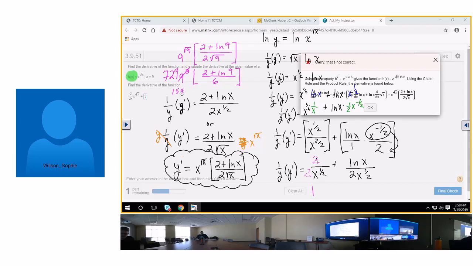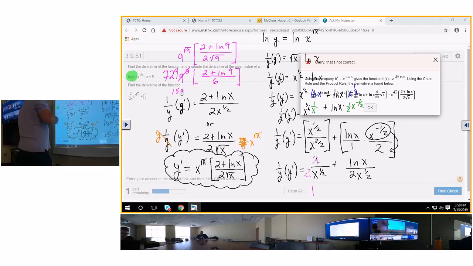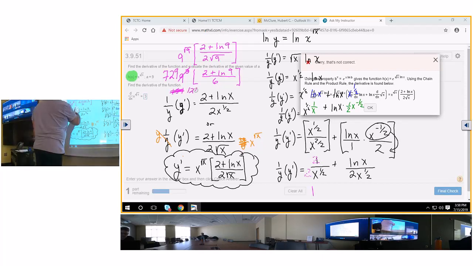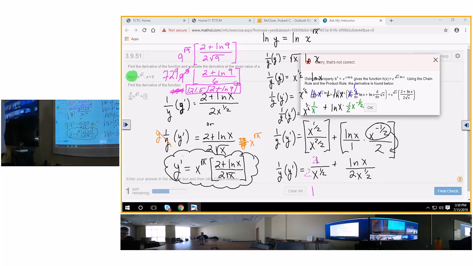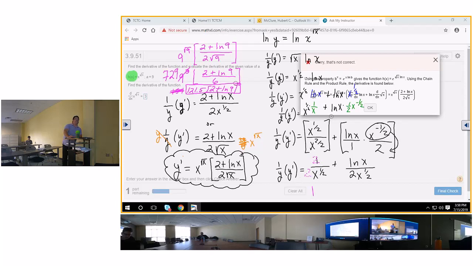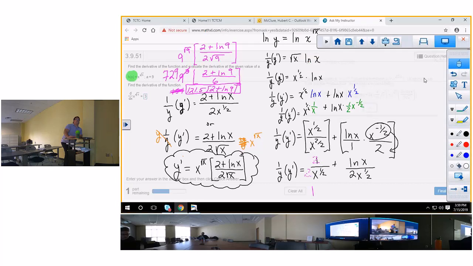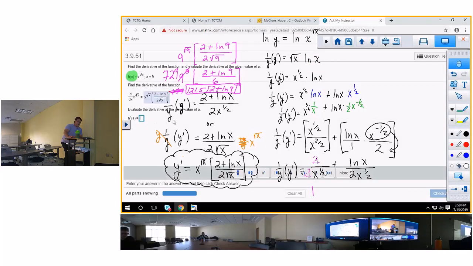Okay, 729 divided by 6 is 121.5. I don't even know what I'm doing. 121.5, 2 plus the natural log of 9. I'm going to leave it at that because I remember seeing a decimal, but I don't think they carried it all the way out. But of course, that would give you your y. No, I'm sorry, your slope. So, and I'm just going to plug in 3.